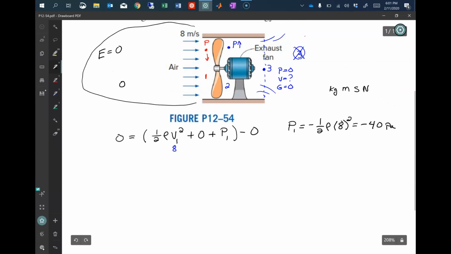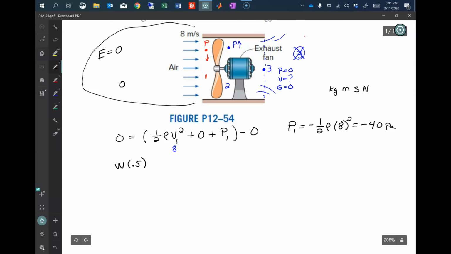Okay. The next thing is to apply the energy someplace else. This time I'm going to do between 0 and 2. I didn't do that in class. In class I did from 1 to 2, but it's all the same. Between 0 and 2, I do come across the fan, and so the energy that's put into the air is the wattage of the fan times the efficiency of the fan.